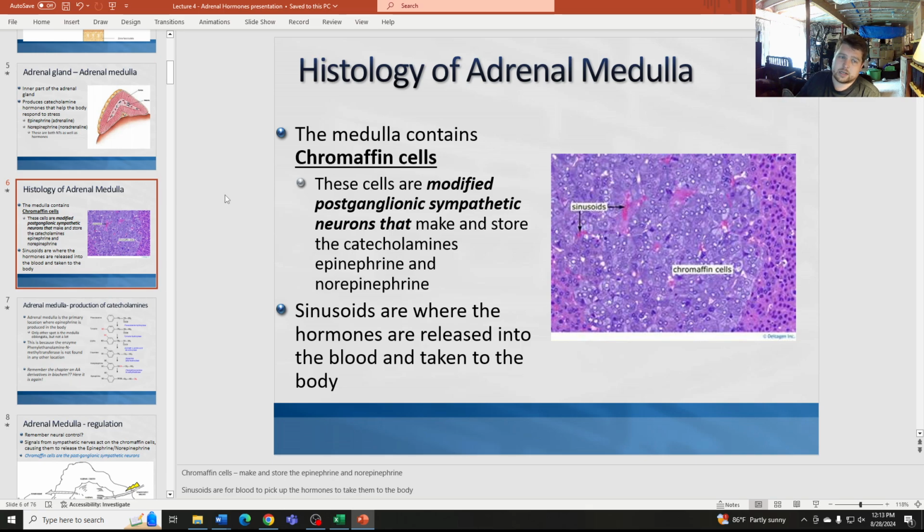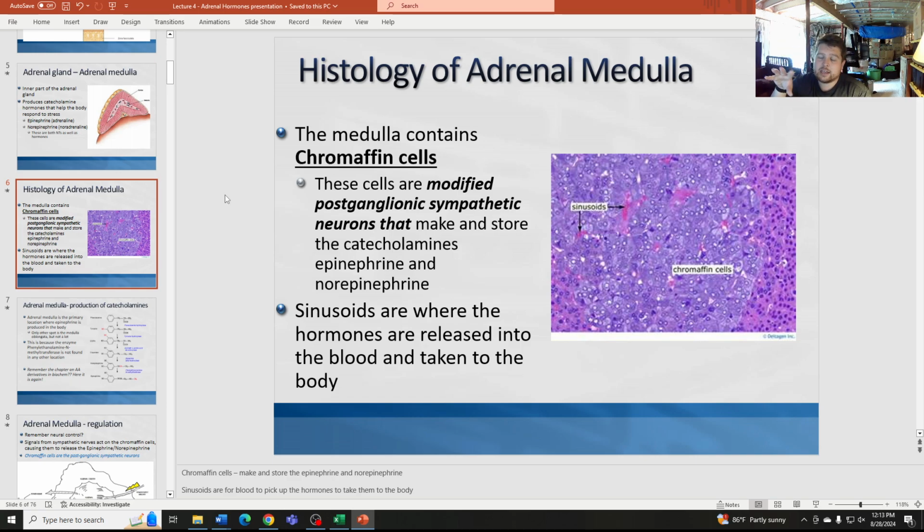These chromaffin cells are more neuron type related cells. They call them modified because they're not exactly neuron cells like post-ganglionic neuron cells typically would be. So they're modified post-ganglionic sympathetic neurons that are responsible for making and storing the catecholamines, epinephrine and norepinephrine, until they're ready to be released.